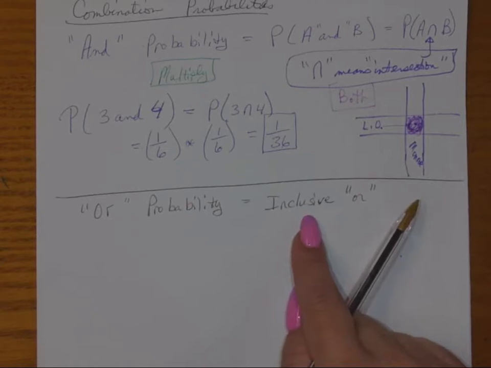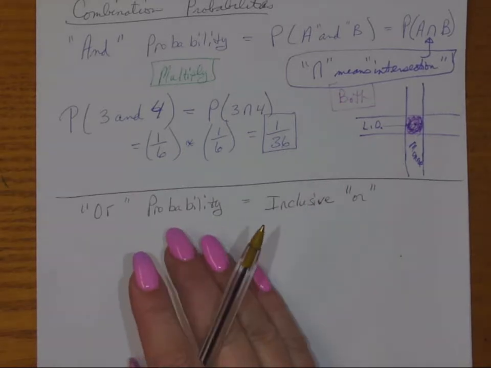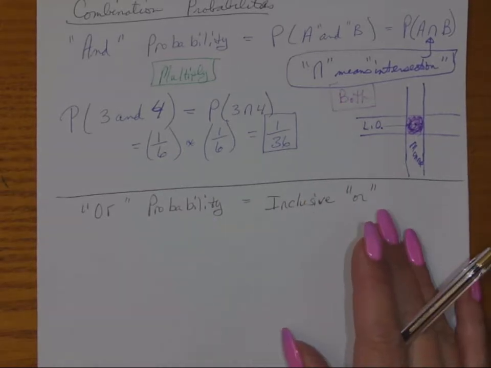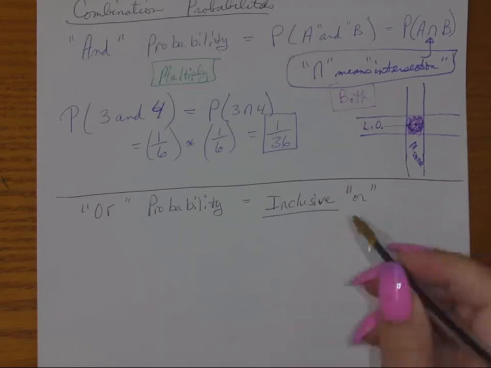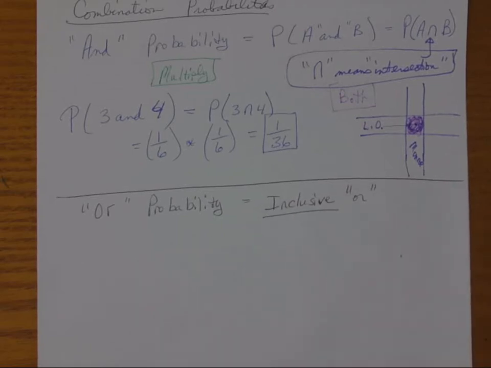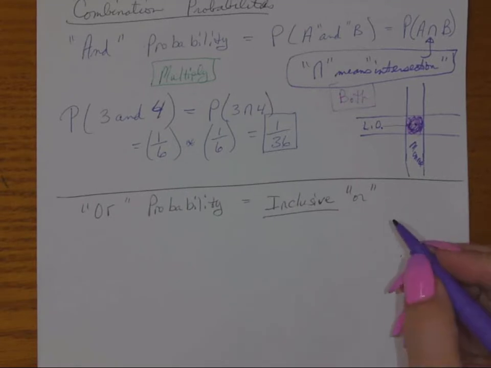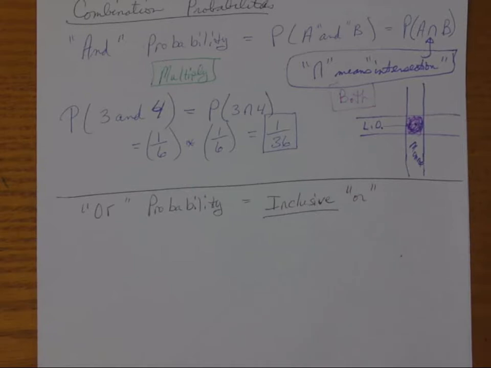So those are very inclusive ORs. I want you, whether you're in this situation or that situation. So that's what we mean by inclusive. We're including anything in one group or anything in the other group. We don't care.